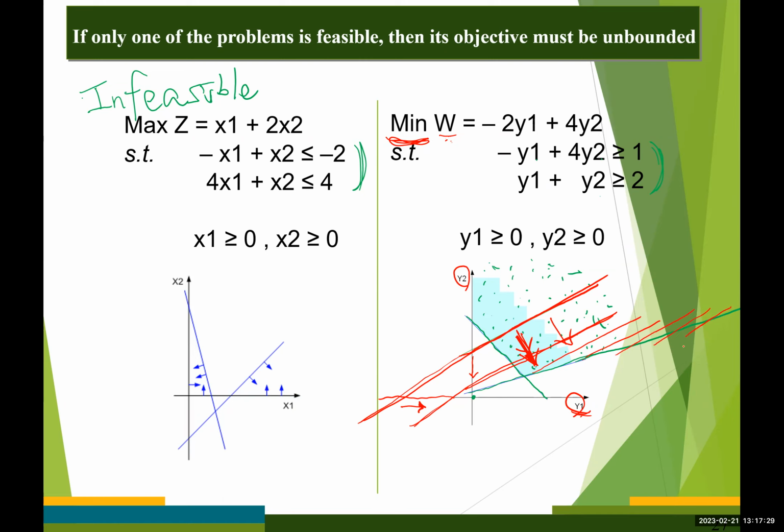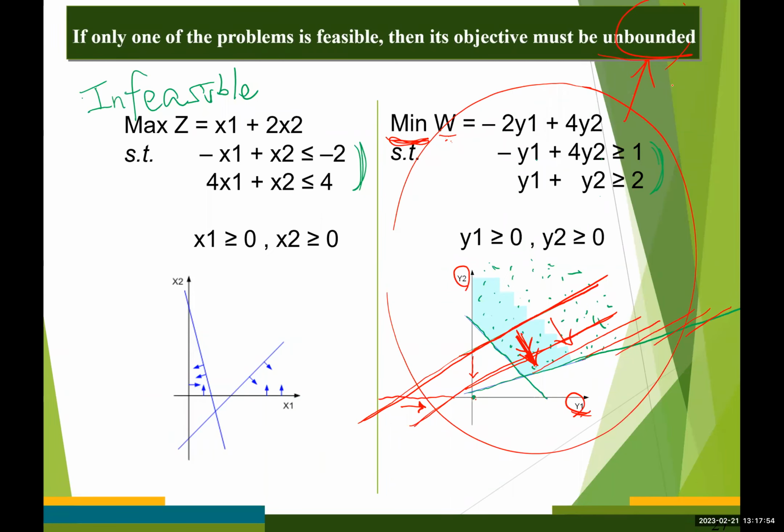Which means that our objective function value will continue to improve the further away from this region, into this unbounded region. So obviously here the objective is unbounded, okay.